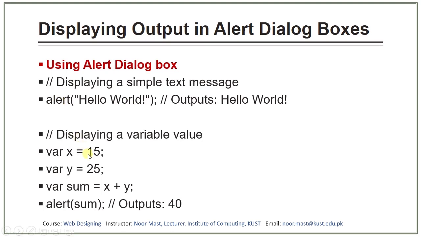This time we are using the alert dialog box to display the value of the sum as we displayed in the previous example using the console method. So this time x and y are the two variables, and we sum their values and store it in the sum variable, and then use the alert dialog box to display its output.